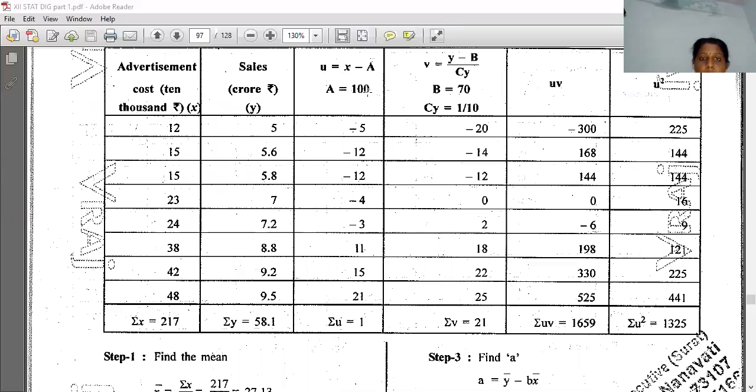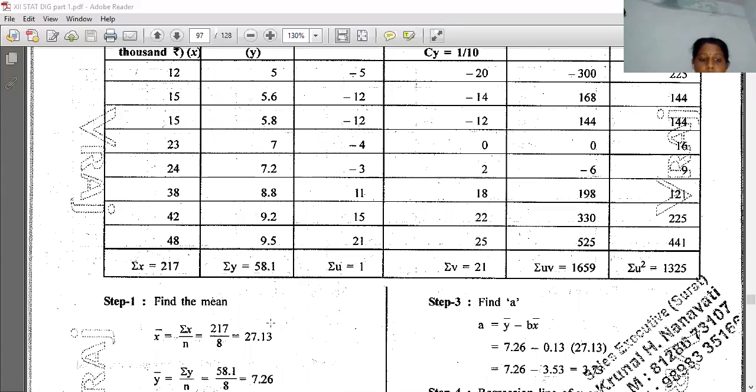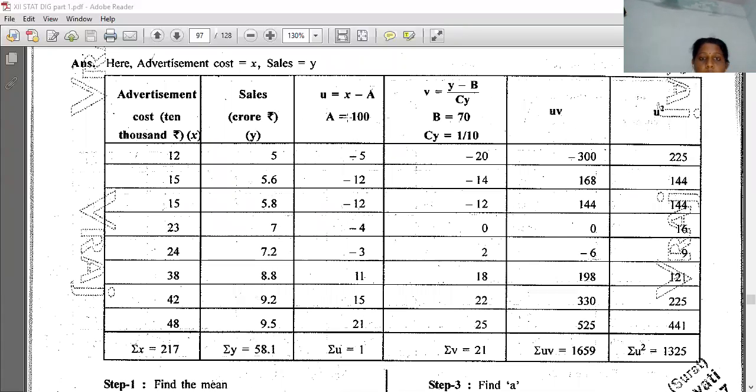xi minus a, we have taken 100. See, here it is 27.13, so here it is taken as a equal to 100. Why is 100 taken here? Any idea?